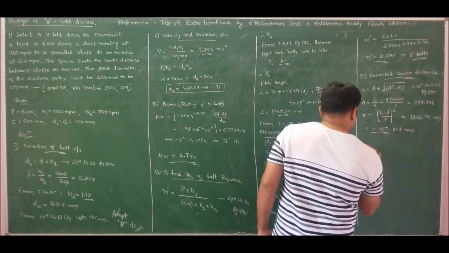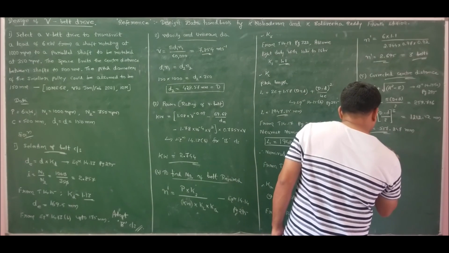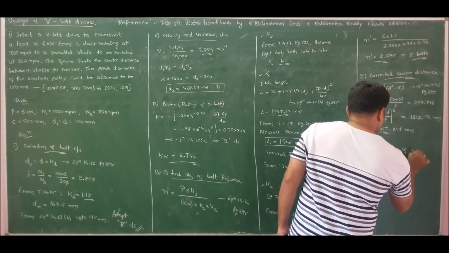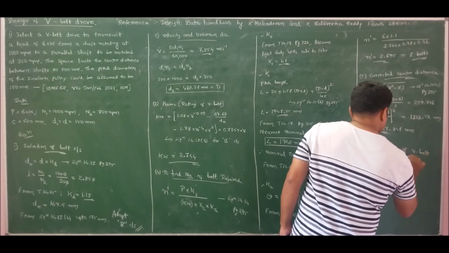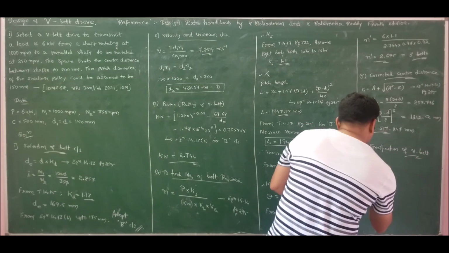Next, moving for the final step, that is specification of V belt. So let us specify the V belt from table 14.14.